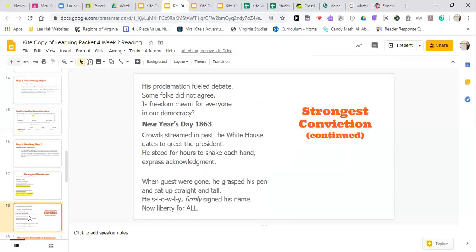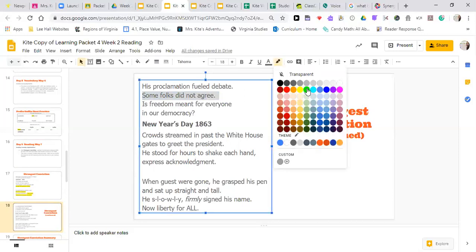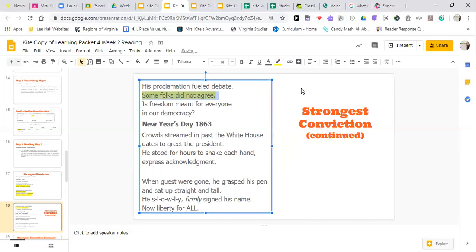In the next stanza, his proclamation fueled debate. Some folks did not agree. And this is very, very important. Like we were just talking about, not everybody agreed with Lincoln that slavery was wrong or that slavery should be abolished. The southern states were very dependent on slave labor for their economies.